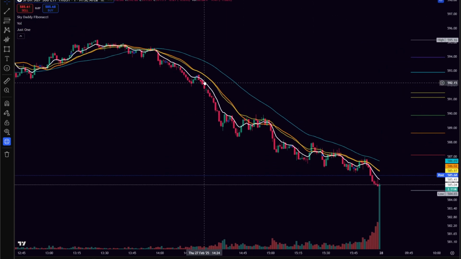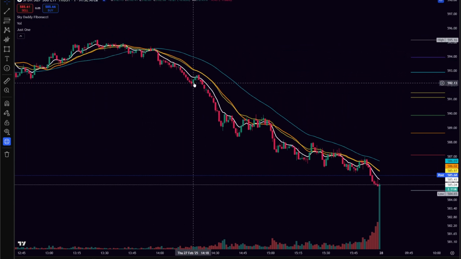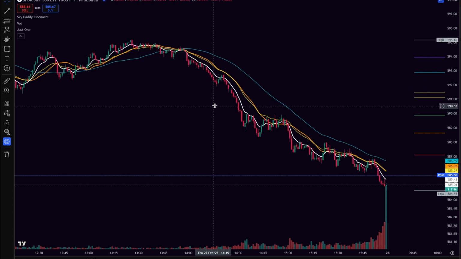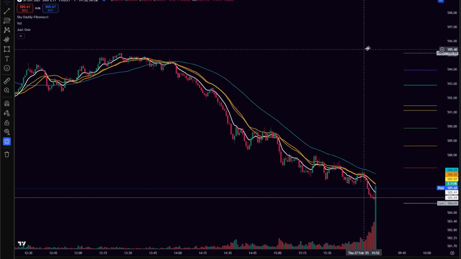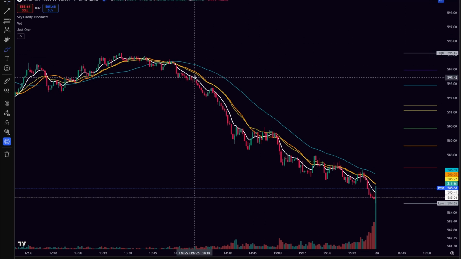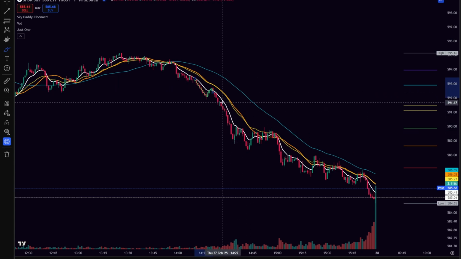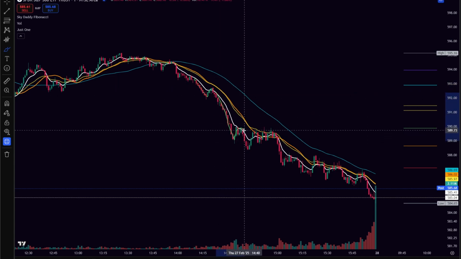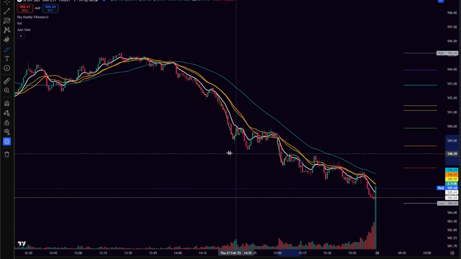When you have a downtrend, this is also something to look at. We had this nice big breakdown here. I like looking at these patterns, like little bear flags, but they're basically H's. We have an H pattern.